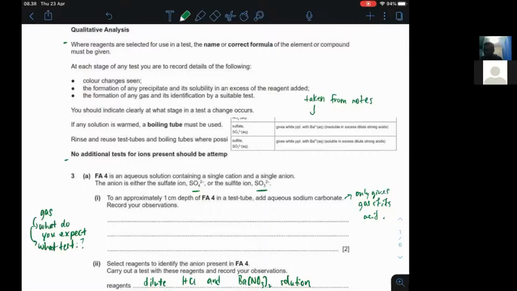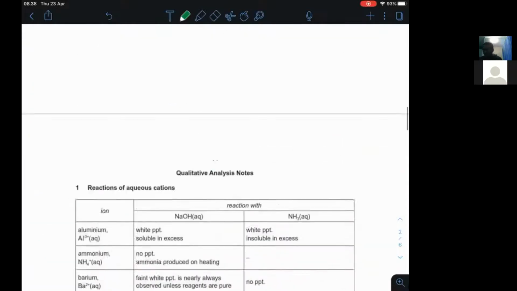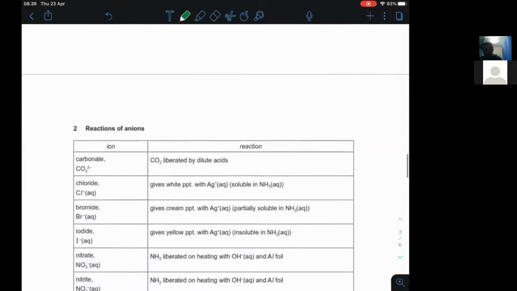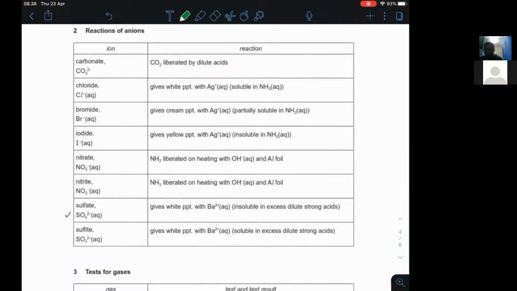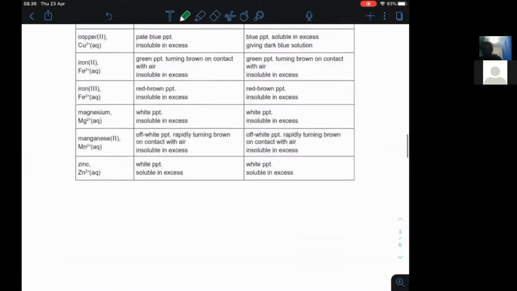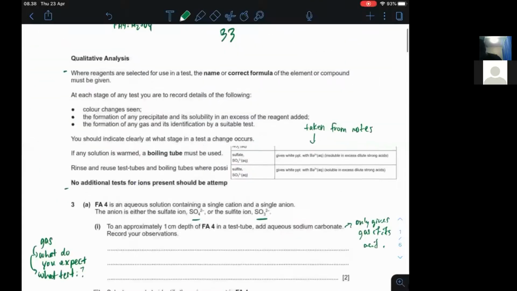They mention it contains a single cation and a single anion. The anion might be either sulfate or sulfide. So I went to my notes, looked at sulfate and sulfide, and copied it over here.